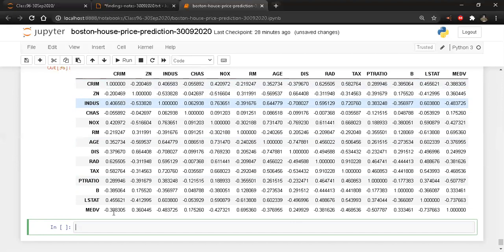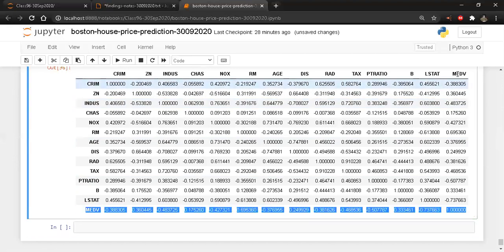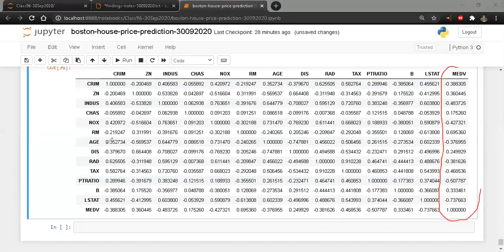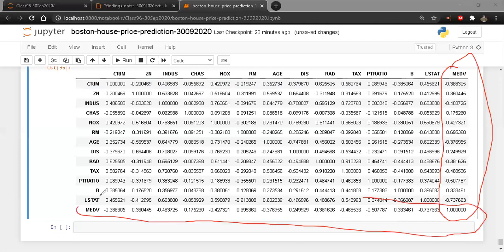So we look at the target. We look at the row which is that of the target, or this column. So either I look at the last row or this column and I look at the values. There are multiple different types of values.